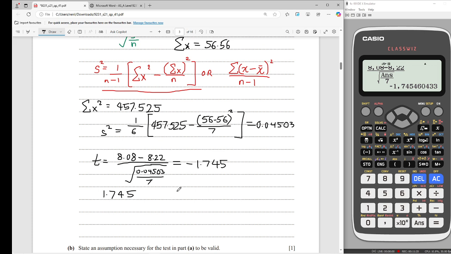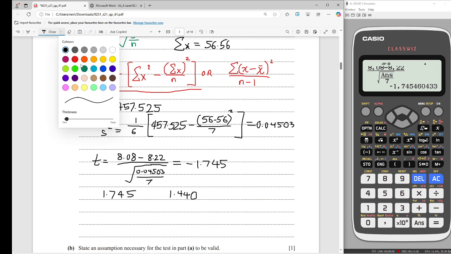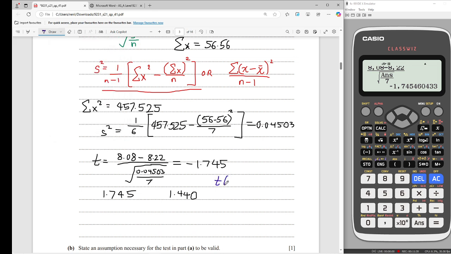Okay, so 1.440. And a good additional step to mention would be to show the deriving of your critical value, which is t, and then we open a bracket and put the degrees of freedom, which is 6, comma, then the p-value, which is 0.90.